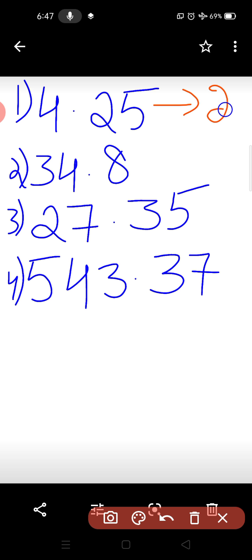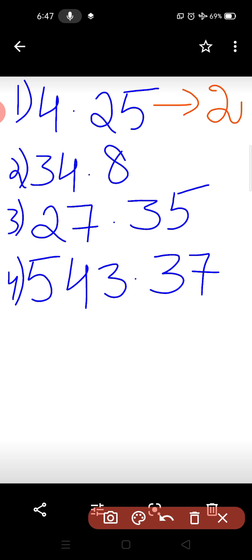In the second decimal number, how many digits do we have in the fractional part? Only 1 digit, that is 8. In the third number, 2 digits. In the fourth number, here also 2 digits.